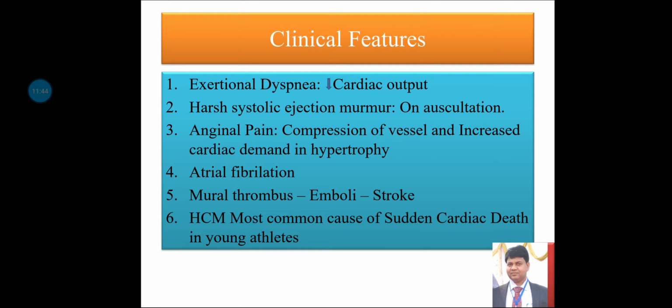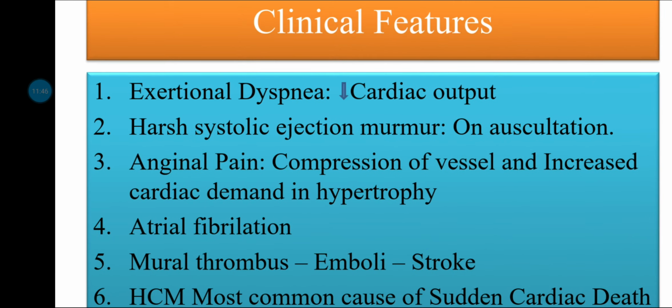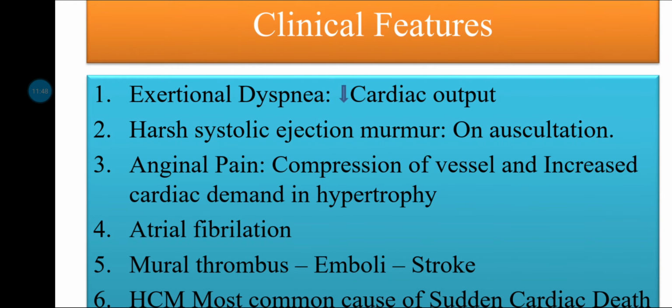Due to the decreased cardiac output, the patient will have exertional dyspnea, and on auscultation we can hear a typical type of murmur. This is called a harsh systolic murmur, and it is seen in systole due to the ejection of the blood.